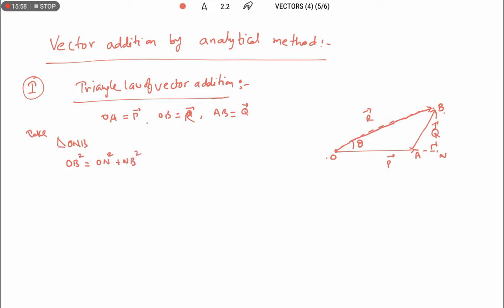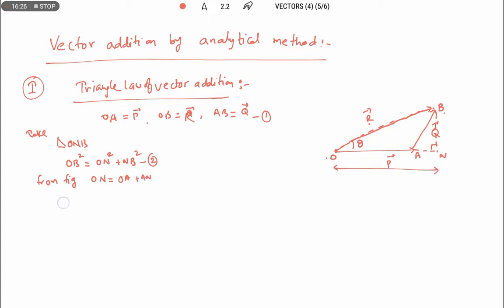So our aim is to find the magnitude and direction of the resultant vector. So from this figure, give it as 1 and 2. From the figure we can write ON equals OA plus AN.